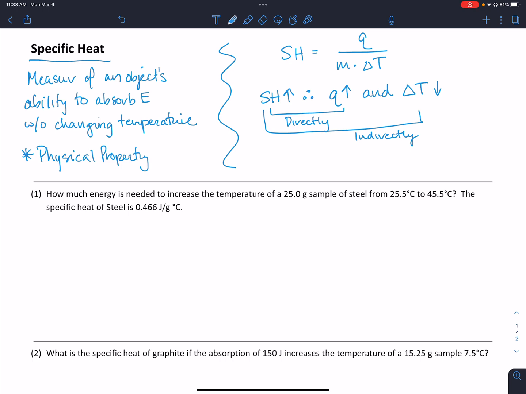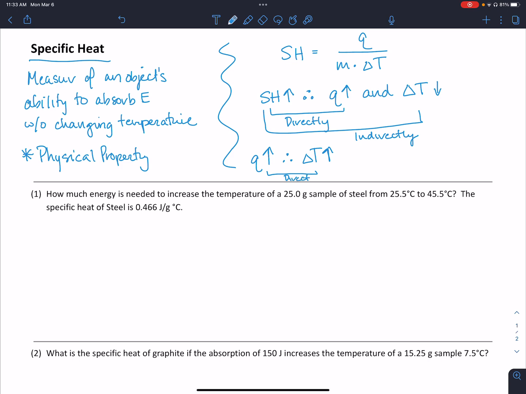We can, however, if we know the specific heat of a substance, relate the energy and the temperature change. The more energy that we put in, the greater that temperature change is going to be. So this is a direct relationship as well.